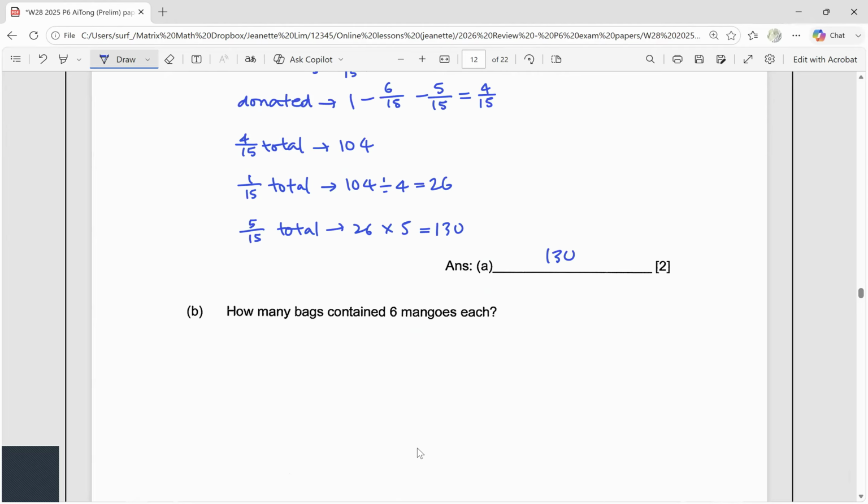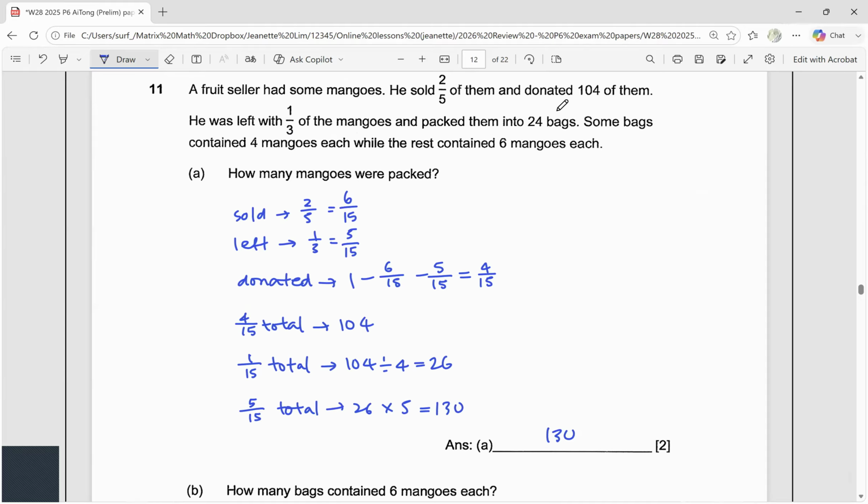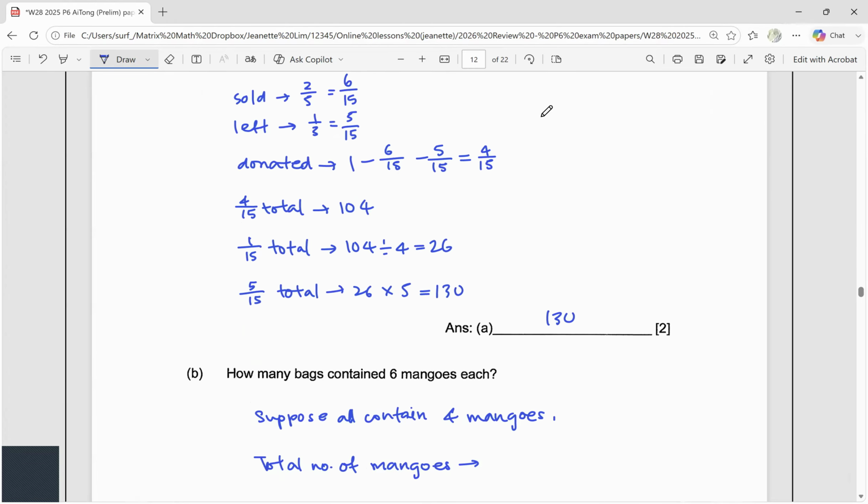So suppose all contain 4 mangoes. So the total number of mangoes, there are 24 bags, right? So 24 times 4.